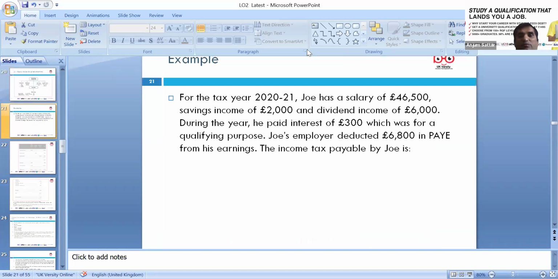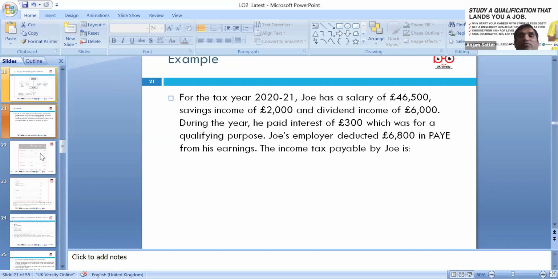So as the example being given, we've been given dividend. During the year, he paid interest of 300, which was for qualifying purposes. So qualifying purpose, like business purposes, money being borrowed, or any other purposes which qualify according to the rules. So as the example is given, that's a qualifying interest, which means we can deduct the amount from our income.